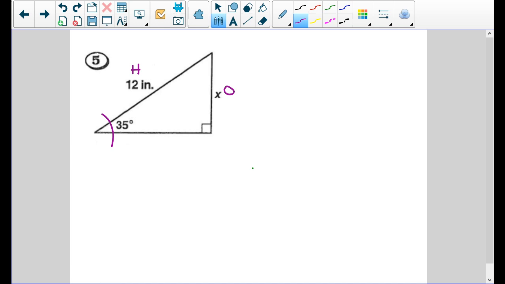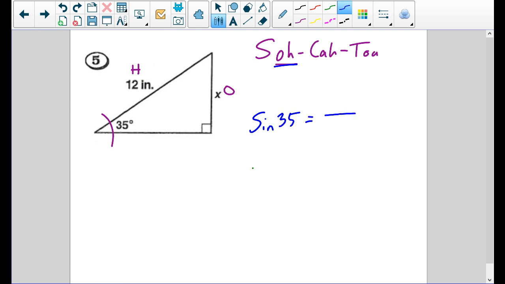So again, what uses OH? And again, if I write these up here, if I remember that, SOHCAHTOA, I don't even have to think about it. I just look. What has OH in it? Oh, right here. So I'm looking at sine. So sine, what's the angle measure? 35 equals opposite, which is x over h is 12.